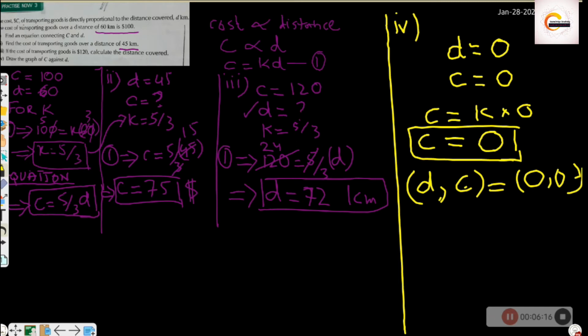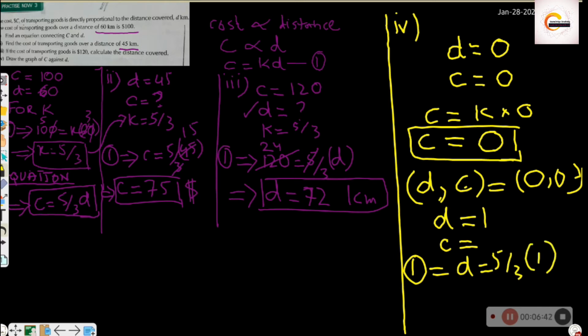What if we suppose D is equal to 1, what would be the value of C? So again we can put this into our equation number 1, which is C is equal to 5 upon 3 into 1.